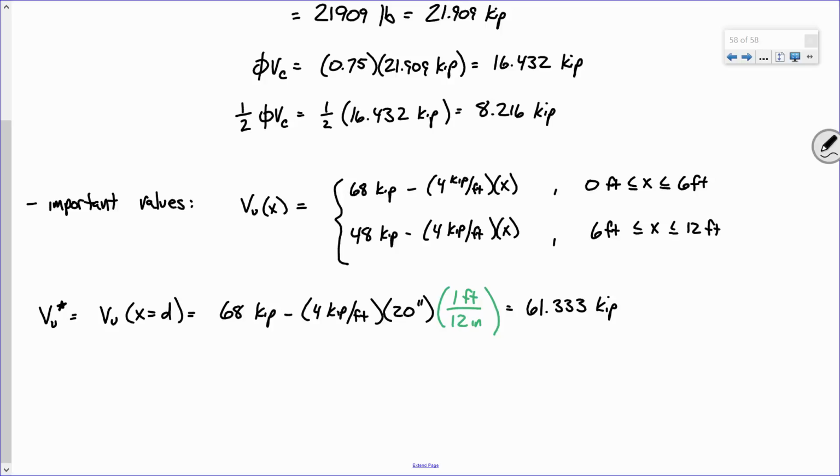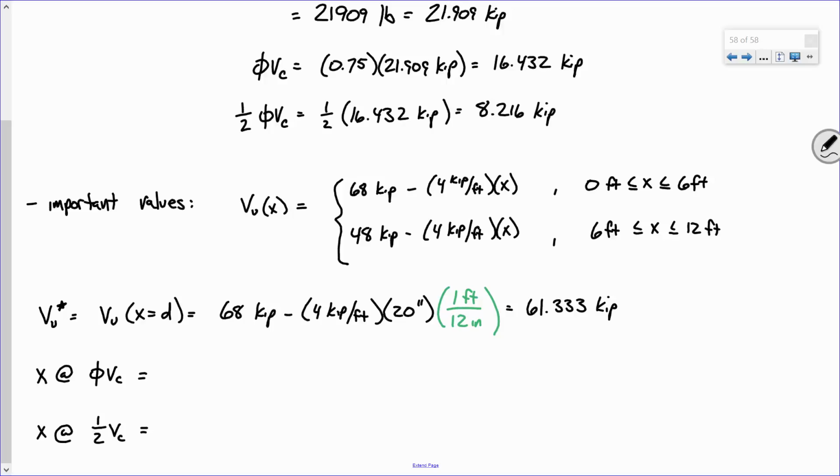Now we're also going to need to determine the x values at phi VC and the x values at half of phi VC. Okay, so let me ask you a question. What is phi VC and what's half of phi VC? 16.432, right? And half of phi VC is 8.216.